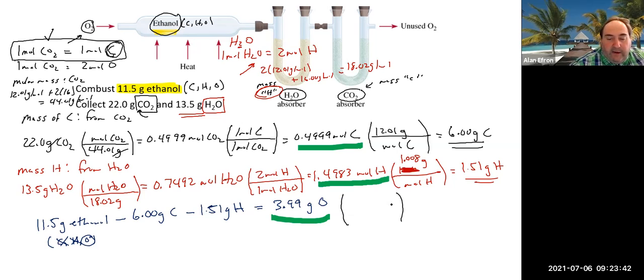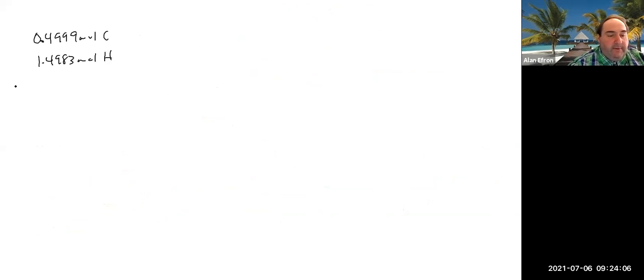To convert grams of oxygen into moles, I divide by 16. That's 3.99 divided by 16, which is about 0.2494 moles of oxygen. That way I have them all here. Any questions on where I got those numbers?